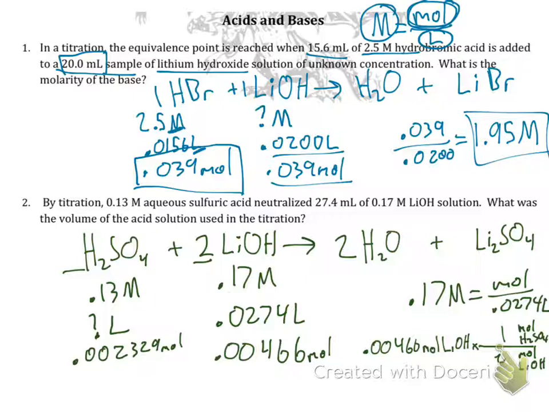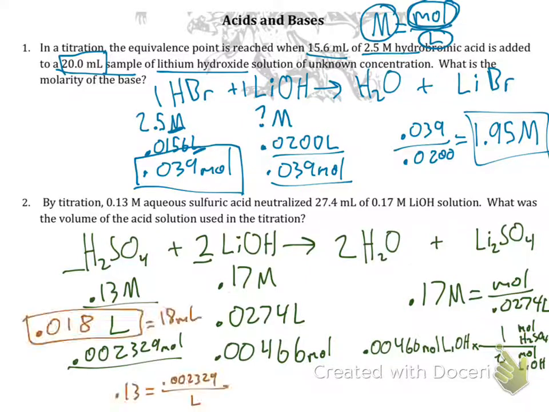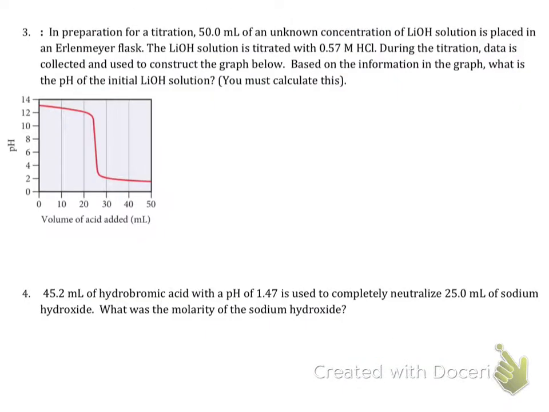And then once we figure out the moles of the sulfuric acid, we also have the molarity, and so we can plug that into our molarity equation to figure out the liters, which gives us 0.018 liters or 18 milliliters. The problem did not specify whether it wants it in liters or milliliters, but I just put that there just because. All right, so this is the same type of problem.